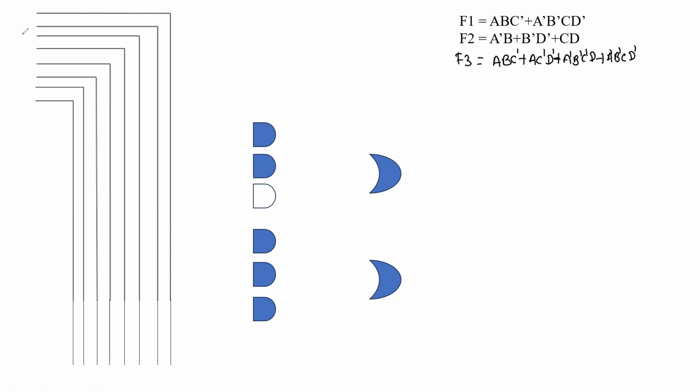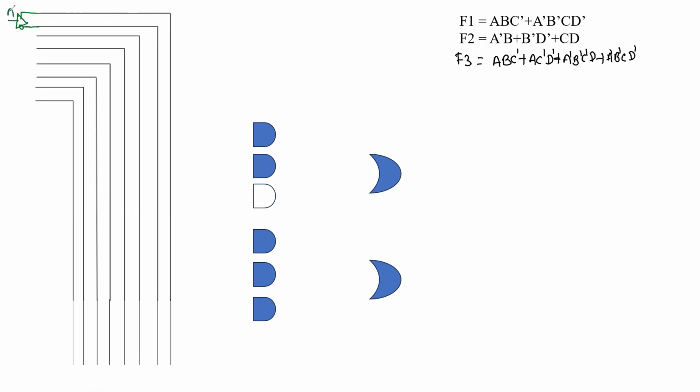Now again you have to use buffers here, since there are four variables. First one is for the AND. This connection here, this bubble shows the inverted output.